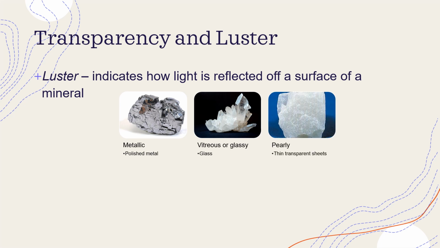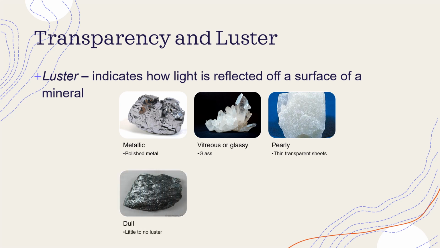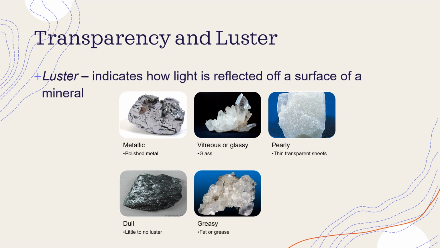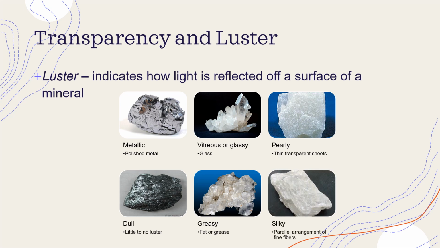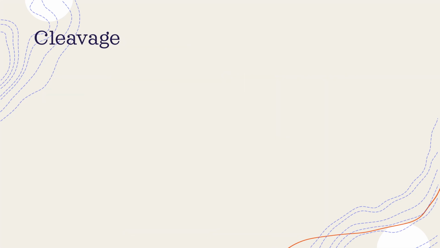It can also be described as pearly if it has thin transparent sheets reminiscent of pearls, for example talc. It can also be dull if it has little to no luster, like hematite. It can also be greasy if it resembles fat or grease, for example halite. And finally, it can be silky if it shows a parallel arrangement of fine fibers, for example gypsum.